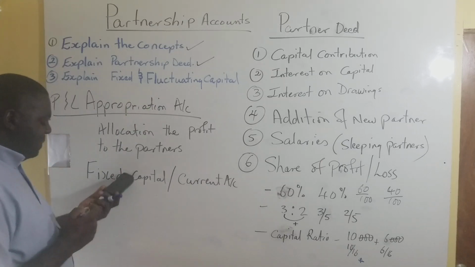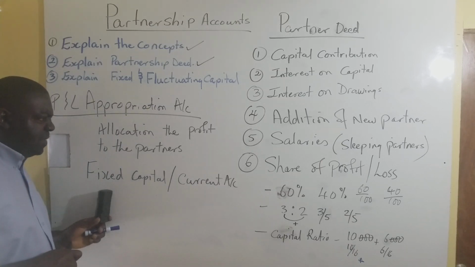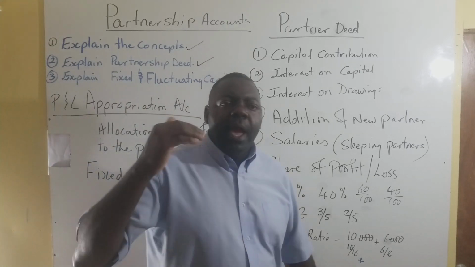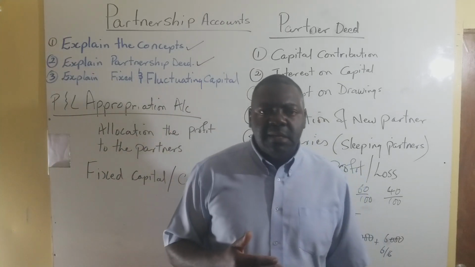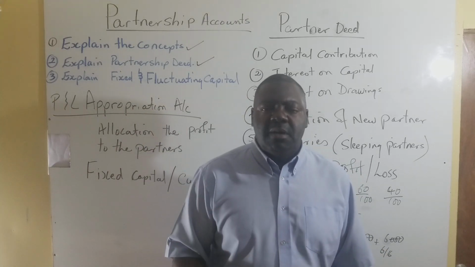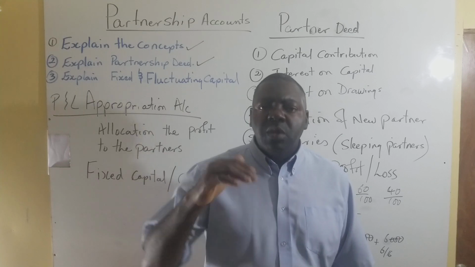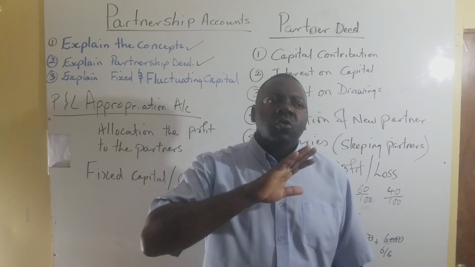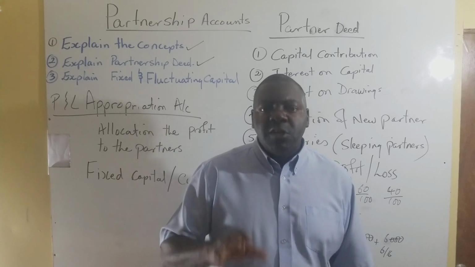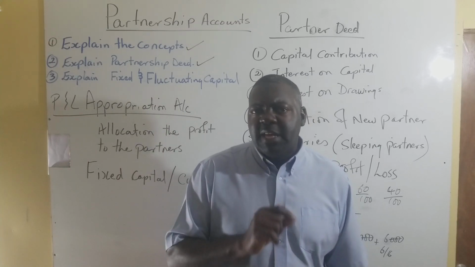Now, the arrangement of fixed capital is where you enter into the ledgers, into the capital account, the amount that each partner has contributed to the partnership, and no adjustment is done to it. So it remains, and that's why it's called fixed capital.